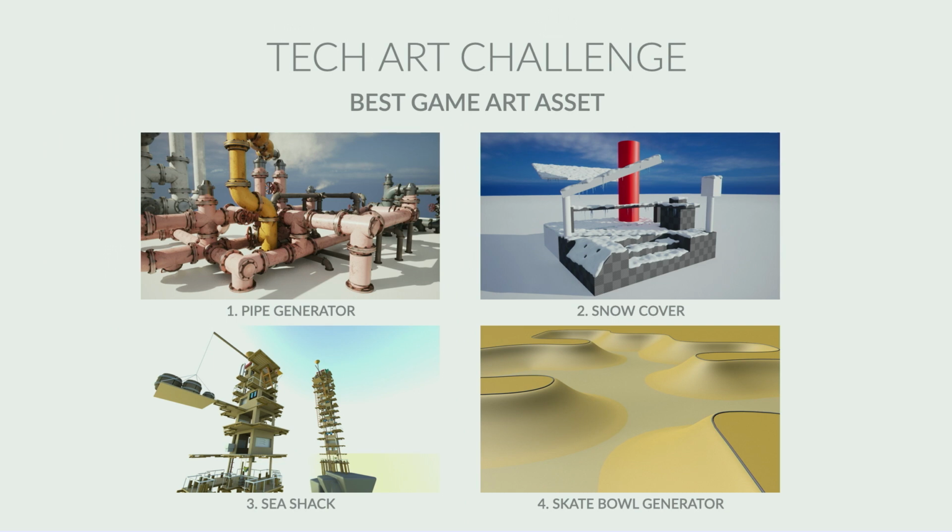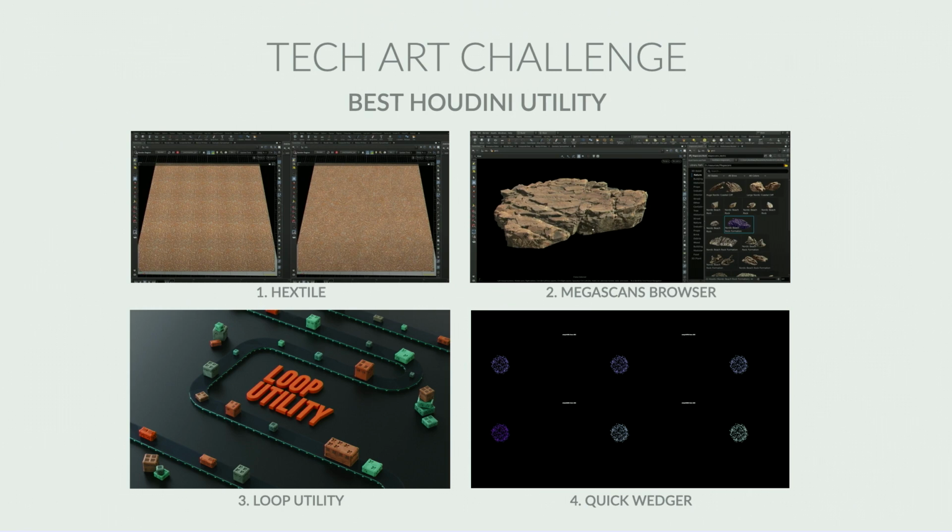So we have two categories. One is the best game art. So the Sea Shacks, Skate Bowl. So these are some of the winners in the last one. And we also have just a best utility. So here are some examples. Somebody did a new Megascan browser, something for wedging, and so on.